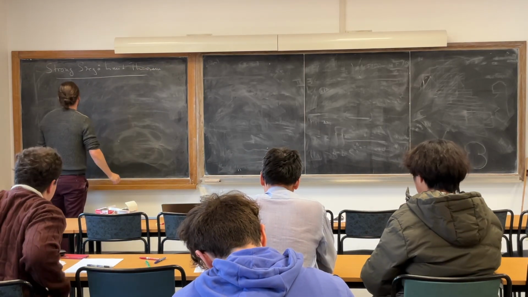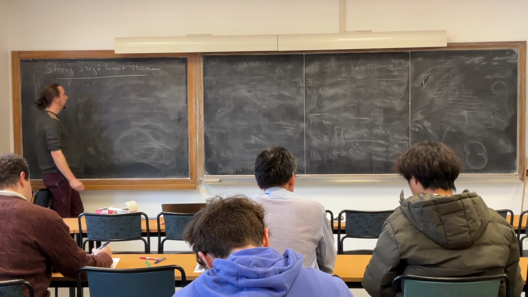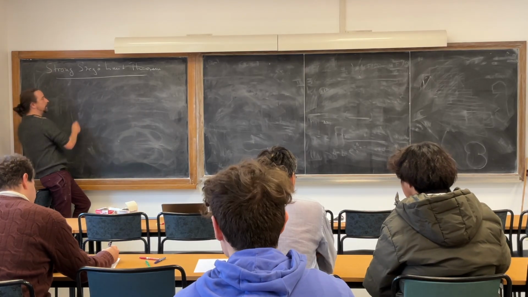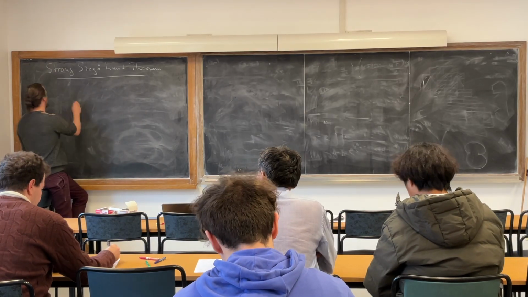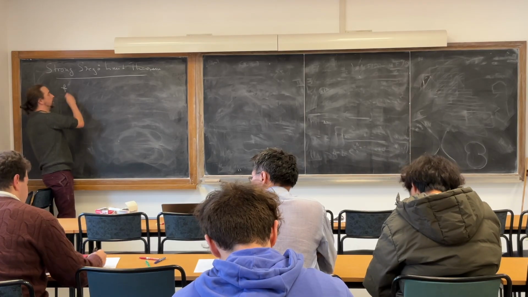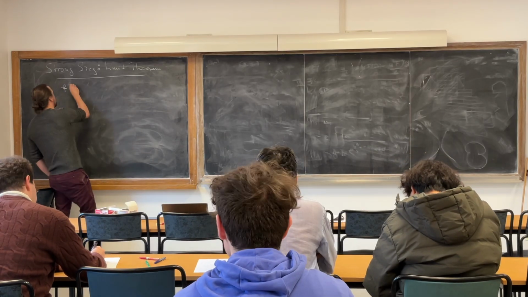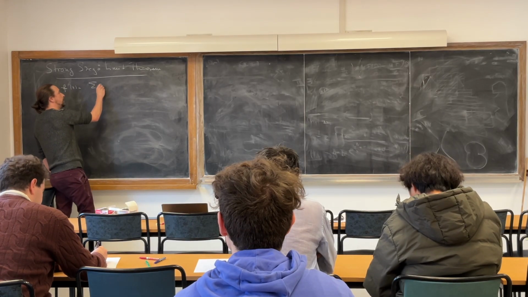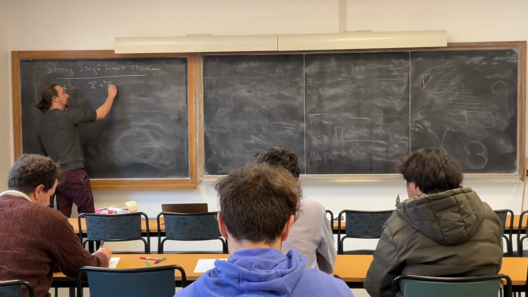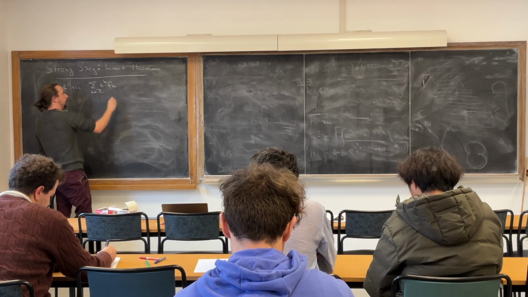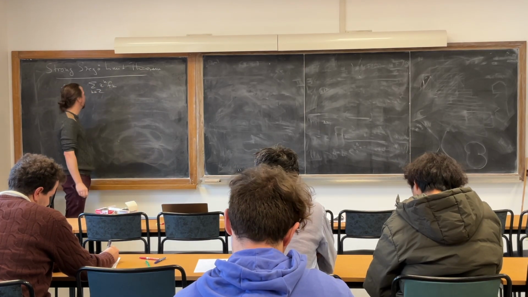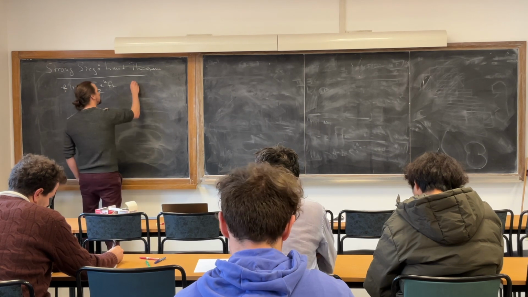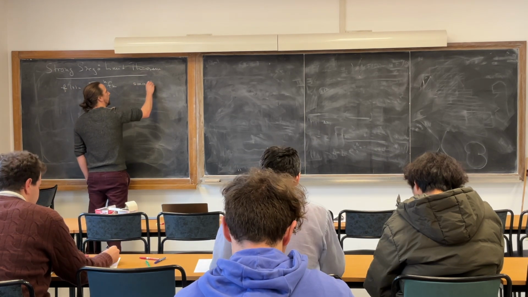Again, the setup is that we take a function f which is defined on the circle, so it has Fourier coefficients like this, and let's assume that f is smooth. How smooth?